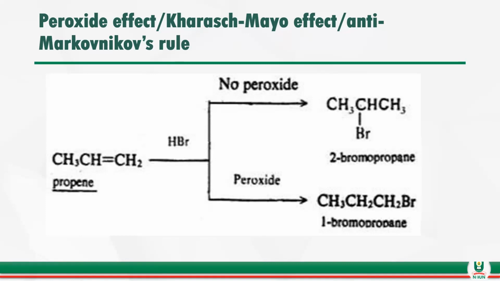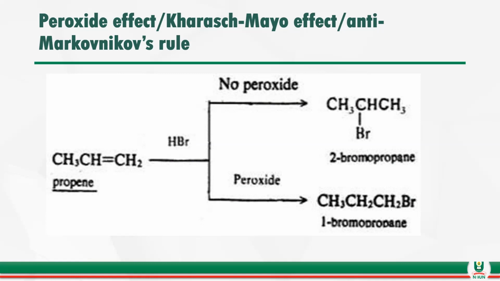And anti-Markovnikov's rule is saying that in the presence of a peroxide, the hydrogen, instead of going to points where there is more hydrogen, will move to where there is lesser hydrogen, while the bromide will now come to where there is more hydrogen. That is anti-Markovnikov's rule.